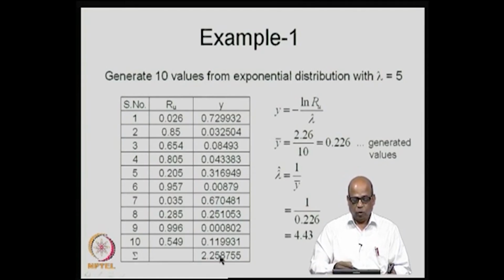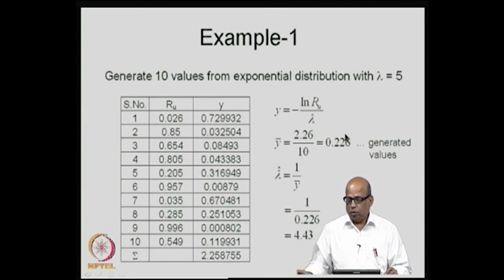So, if you generate more values, let us say from 10 you went up to 100, maybe lambda improves further. From 100 you went to 1000, lambda improves further, 1000 to 10,000 etc. So, ideally you generate a large sequence of values and then examine the parameter; that parameter value must be as close as possible to the parameter value for which you are generating the random data.